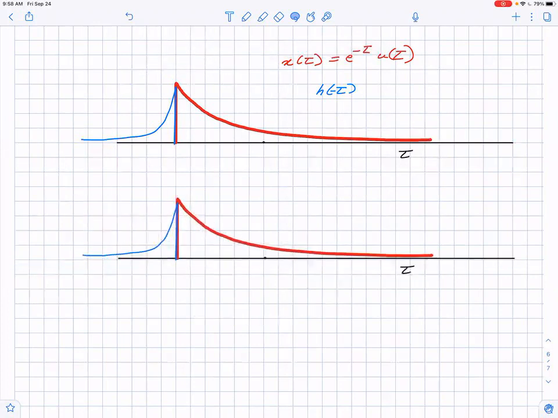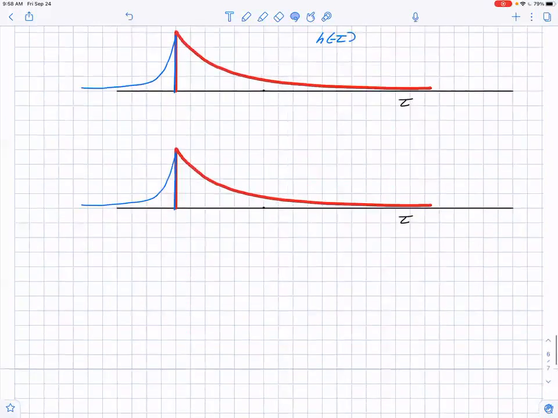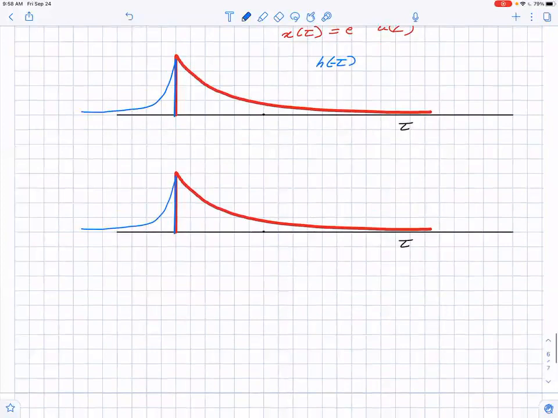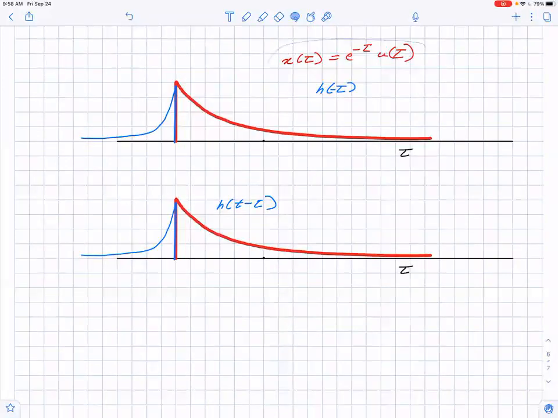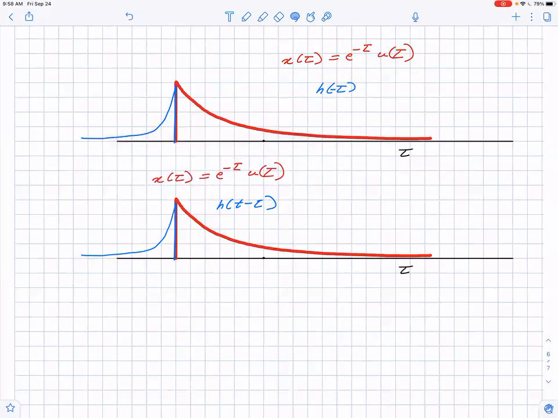what kind of interaction do we see between the two functions? So first, let's write down h of t minus tau, and x of tau is still the same function. We haven't changed it. Then we move this a little over here.